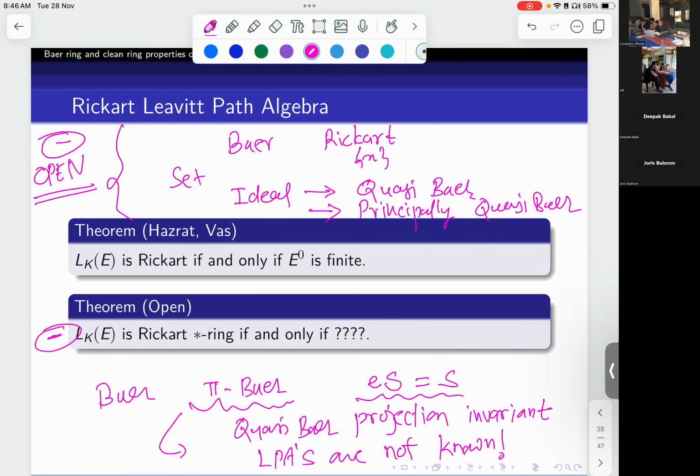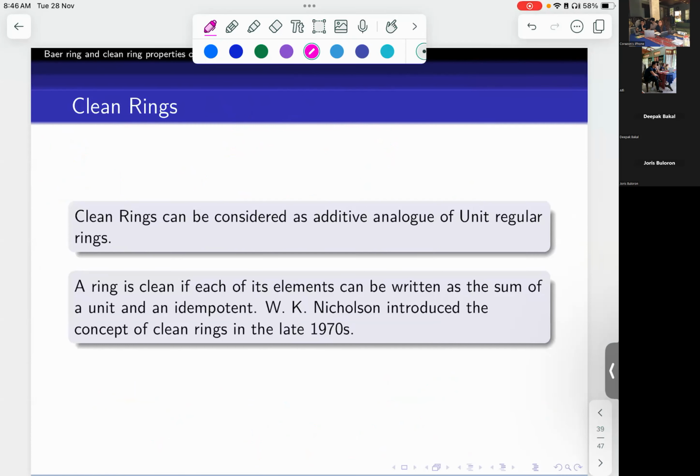Now moving to clean rings. Clean rings can be considered as an additive analog of unit regular rings. So let us recall what a unit regular ring is. A is called unit regular if A can be written in this form, a = aua.